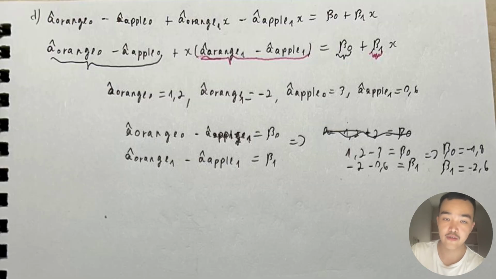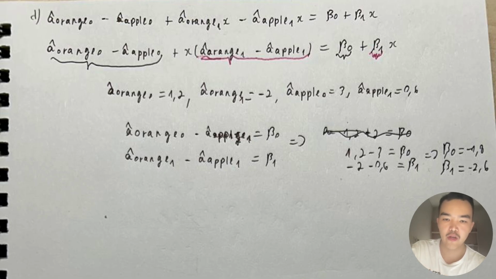And in the D problem, we have the opposite situation where we have the variables for our friend's model. So we do the same to find the variables for our model.